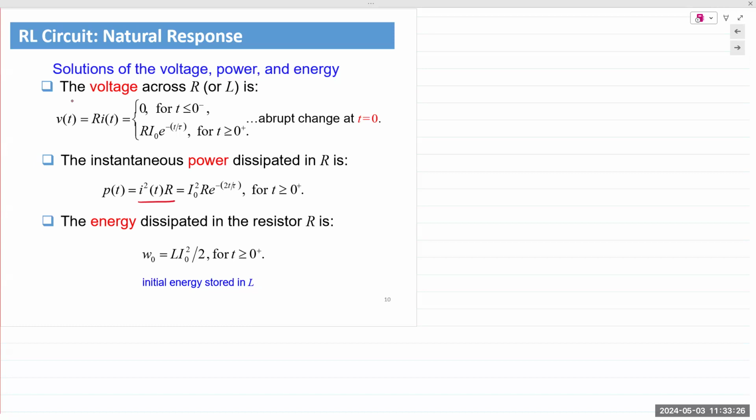Eventually, of course, it goes to 0. So total energy is half L i squared. Same equation we saw in chapter 3. No difference. Okay, same equation.